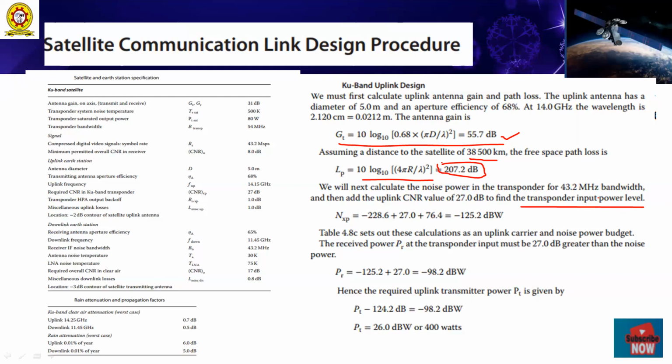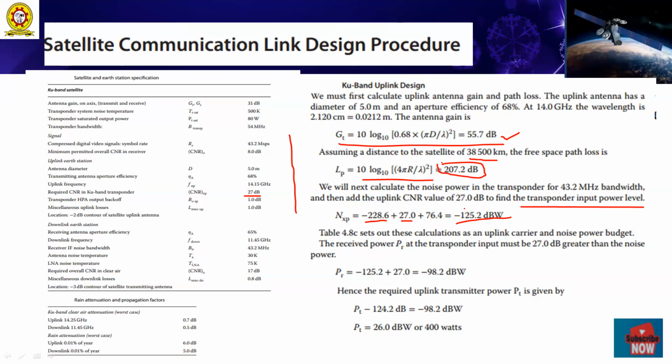What is the NXP here? Minus 22.8, the existing value 27, and the known value from the example, 64. So we got minus 125.2 decibels.